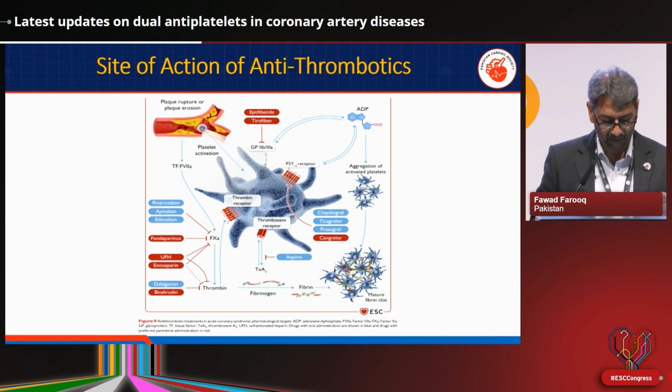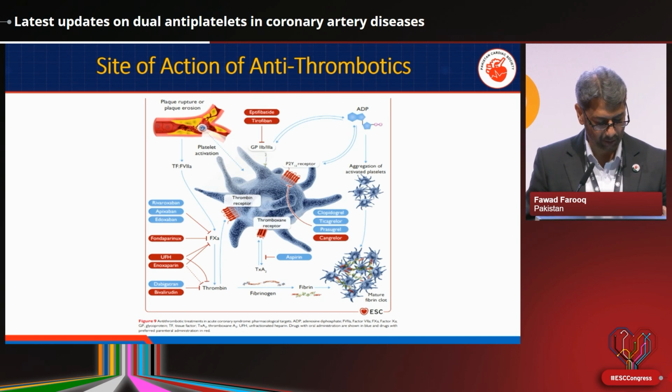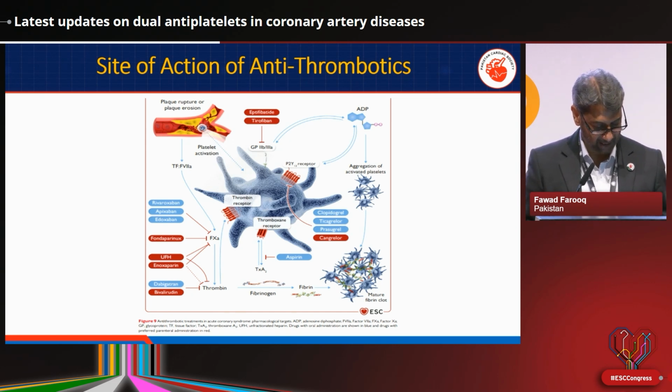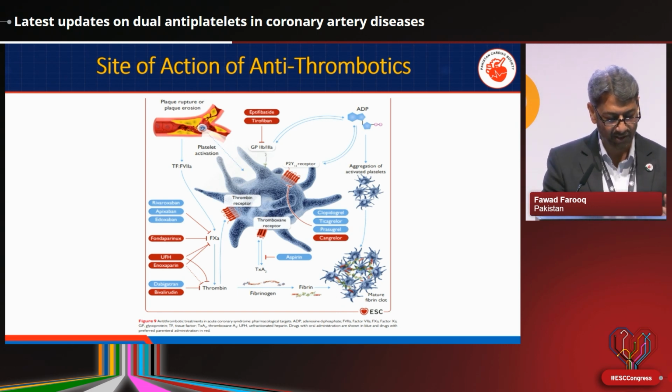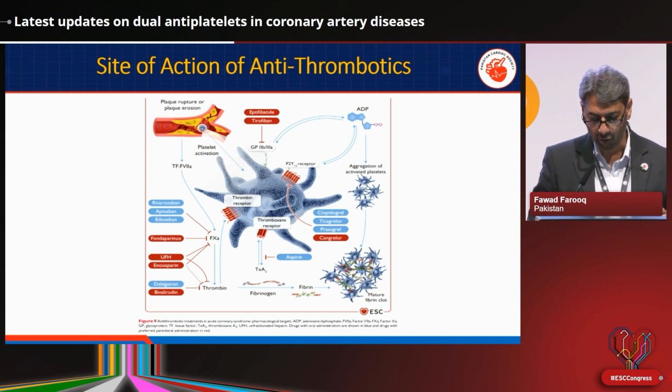And we now have almost 3-4 kinds of antiplatelets apart from aspirin. Aspirin, the gold standard, is there, but along with it we are using P2Y12 inhibitors: clopidogrel, ticagrelor, prasugrel, and now even cangrelor. Then we have antithrombotics along with it. Overall, everything is taking care of this whole thrombosis cascade at different stages. But today we are focusing on antiplatelets.